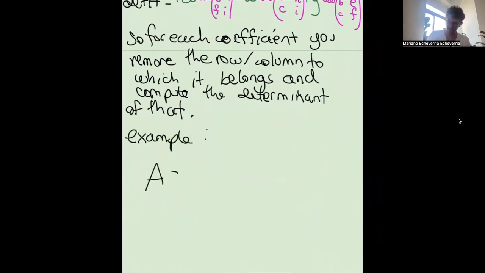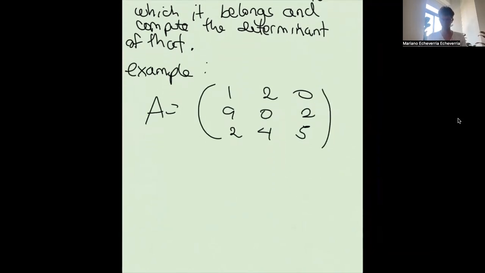Let's say the matrix is 1, 2, 0, 9, 0, 2, 2, 4, 5. Again, the matrix of signs is plus, minus, plus, minus, plus, minus, plus, minus, plus. The matrix of signs always starts with the plus here.